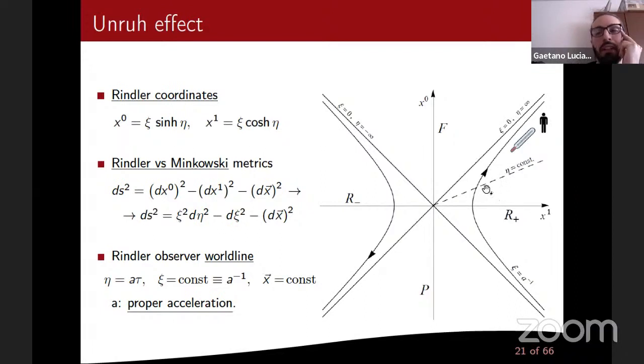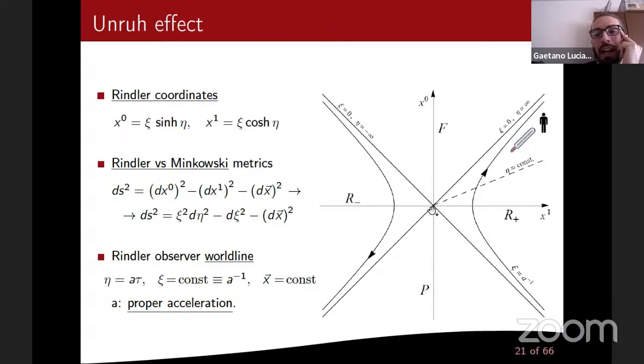You can easily understand that such an observer, which is confined along this hyperbola, is causally separated from the region R minus, because this line acts as a future event horizon. If you construct the light cone for each event of the space-time, you can see that the observer in this region cannot receive any signal from the future F, from this part of Minkowski space-time, and cannot send any signal toward this past region.